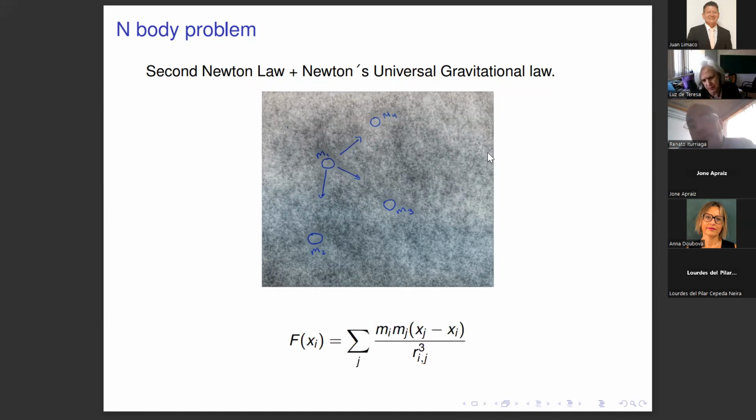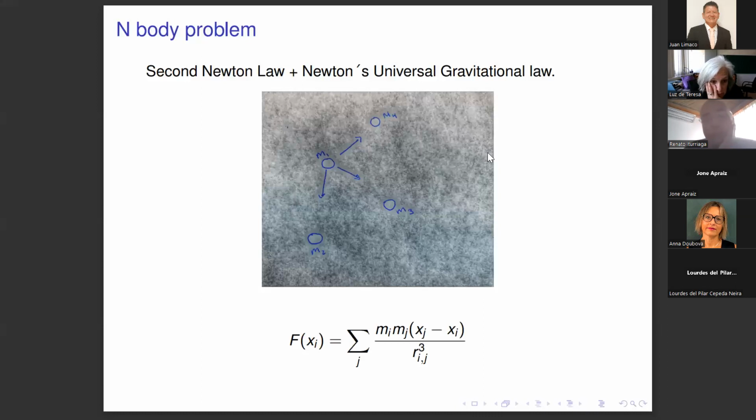The force that the body xi will feel is proportional to the product of the masses and the distance to the square. There's a cube there because there's this xj minus xi, which gives the direction. So this is Newton's gravitational law.